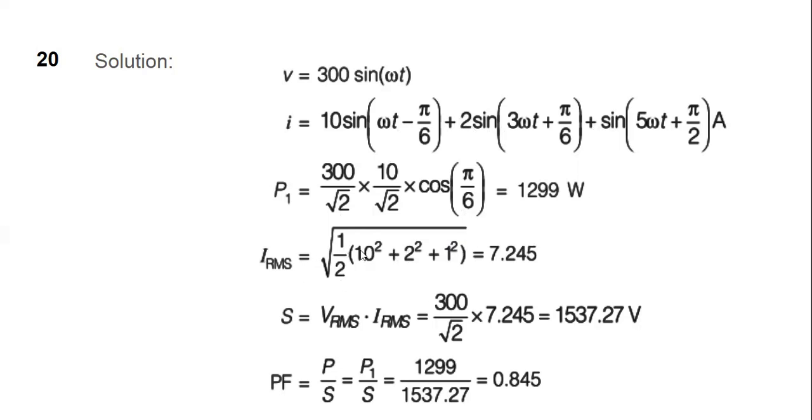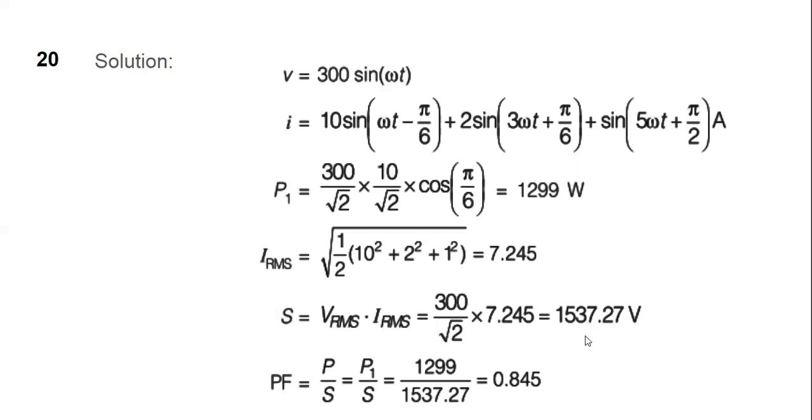After solving this, we get the RMS value of the total current as 7.245 ampere. So the total apparent power will be Vrms into Irms, which is 300 by root 2 into 7.245, equal to 1537.27 volt ampere.